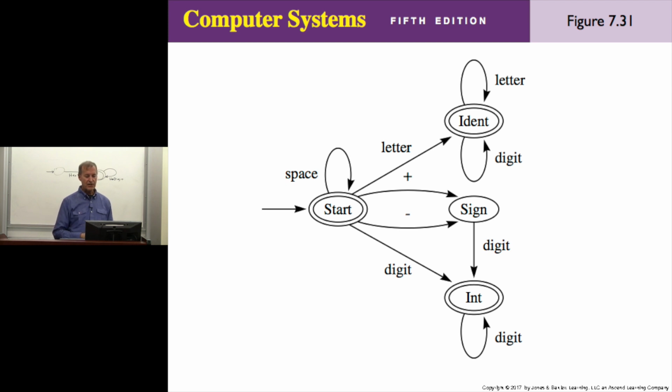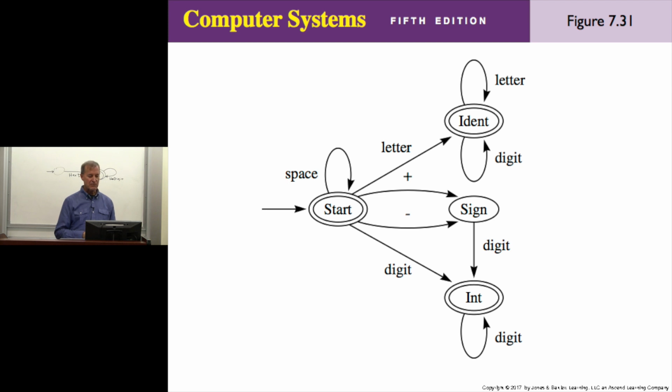Now check it out, you guys. First of all, what do you notice about the start state? It's also a final state. And how can you get from the start state to the start state with a space? Are you with me? So what this means is that if you have an empty line that has nothing but maybe a few spaces, that empty line is going to be recognized.